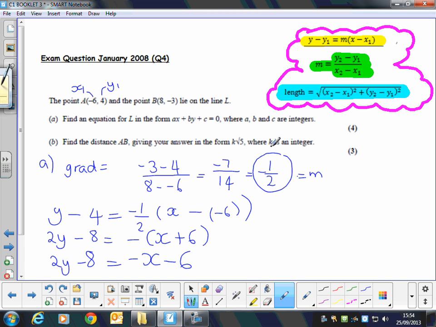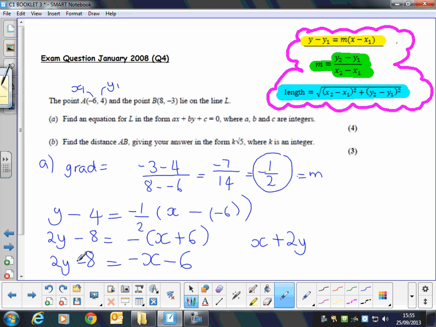We want it in the form ax plus by plus c is equal to 0, so I want to get everything onto one side and leave 0 on the other side. I'm going to take this minus 6 and the minus x onto the other side. If I do that, I get x, plus 2y, minus 8, and then I'm going to take the minus 6 to the other side, so I'm going to add 6 on both sides.